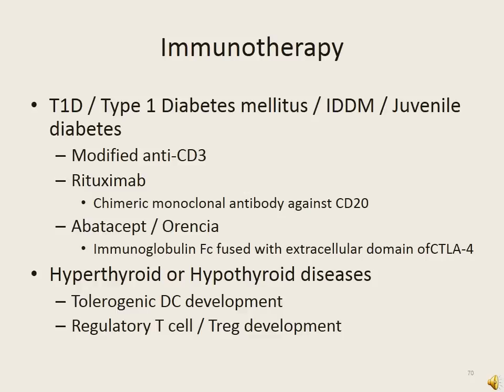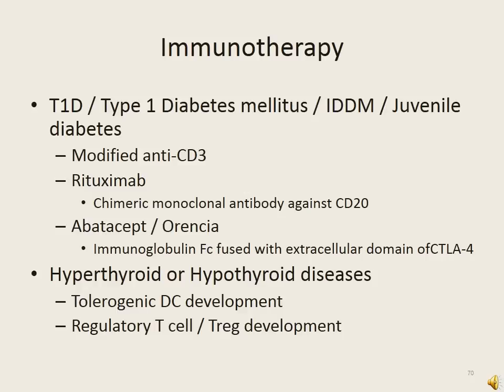The first one is for IDDM, type 1 diabetes mellitus. They are going to use a modified anti-CD3, which will block the activity of T cells, as well as a monoclonal antibody with the commercial name rituximab, which is a chimeric monoclonal antibody against CD20, which is expressed on the B cell.